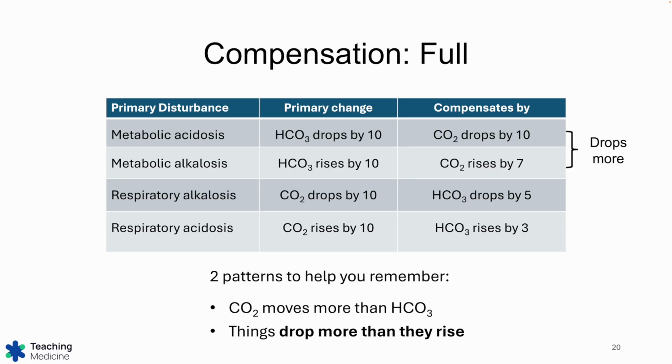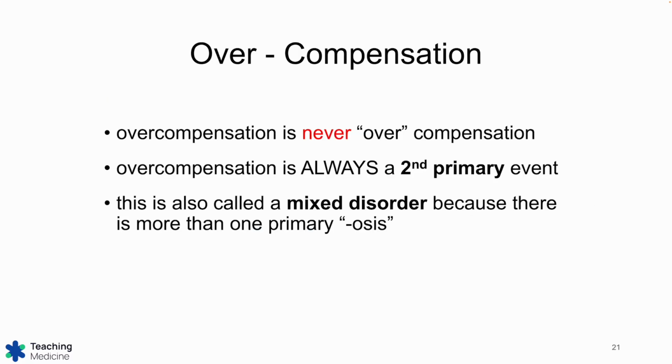So the CO2 drops more than it rises, and the bicarb drops more than it rises. Remember, overcompensation is never overcompensation. It's always a second primary event, and we call this a mixed disorder because there's more than one primary osis happening.